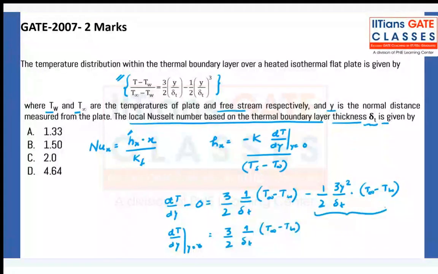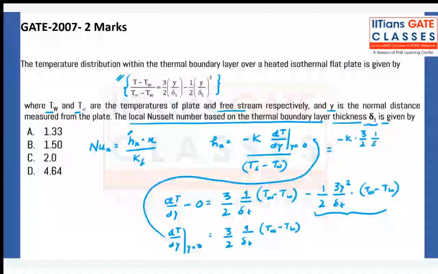Now let me substitute this here. If I substitute this here, I will get minus k times 3 by 2 times 1 upon delta t infinity minus Tw, and Ts I take as T wall.